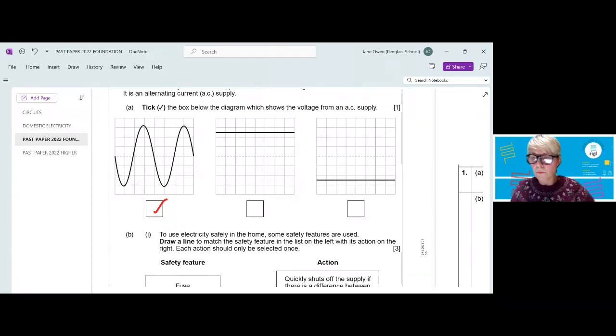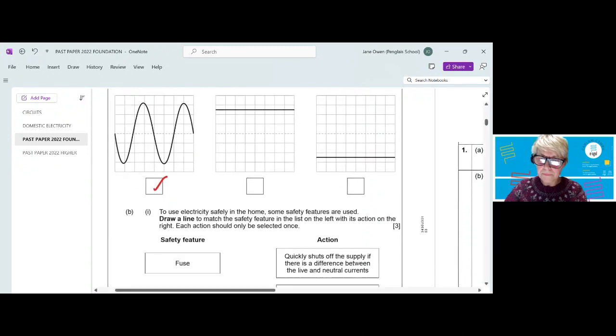In the second case, it's positive. In the third case, it's negative, assuming that dotted line in the middle is at 0. And the only one where the current is changing and alternating, going from positive to negative repeatedly in a cyclic way, we say sinusoidal, is the first one.